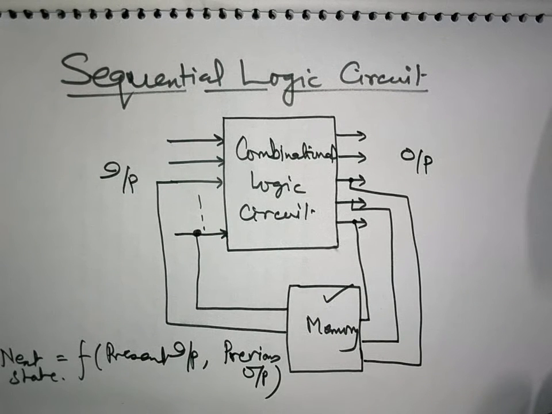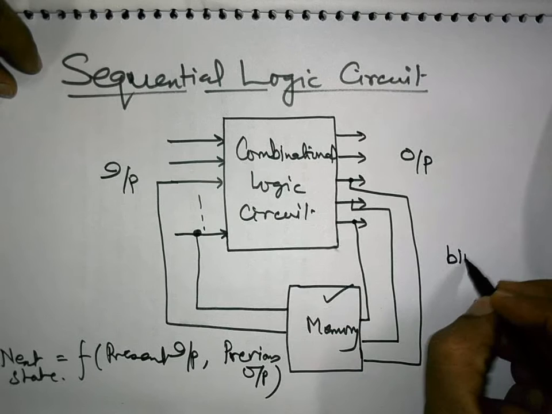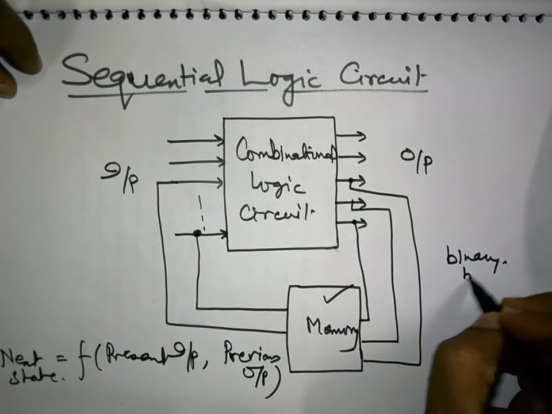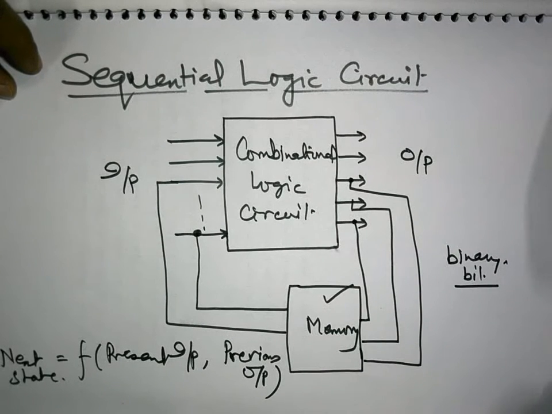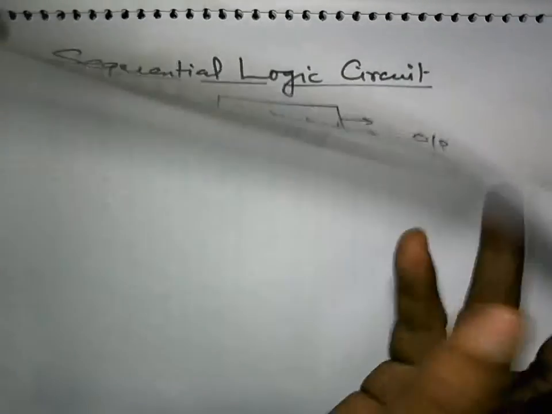This memory may be a byte memory, maybe a kilobyte memory, or whatever is the size of this memory, but the smallest unit of digital memory is the binary bit. If we know how to store and how to retrieve a binary bit, then we can form a higher size of memory.